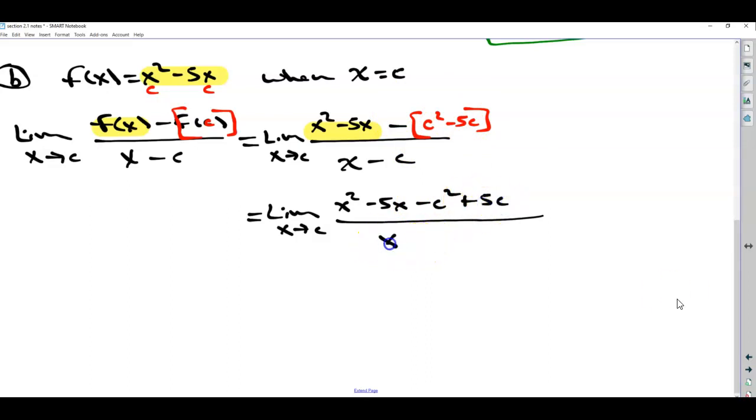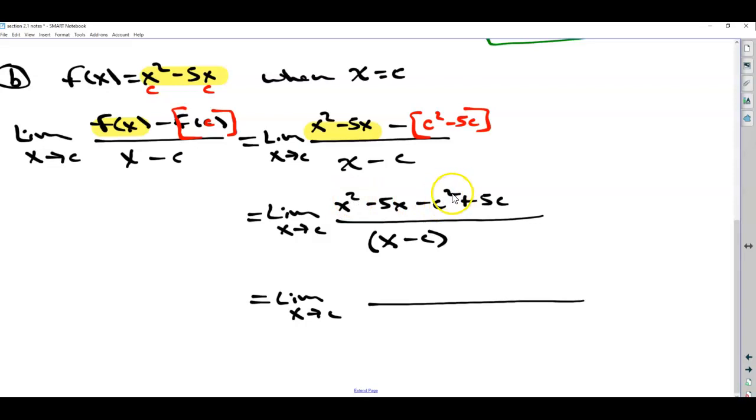And then I have a factor of x minus c on the bottom. Well, I can't plug c into x, because I would get c minus c, which is 0. So I have to see, is there a factor of x minus c from this mess up here that I could reduce out? And it just has some tricky algebra, so please bear with me.